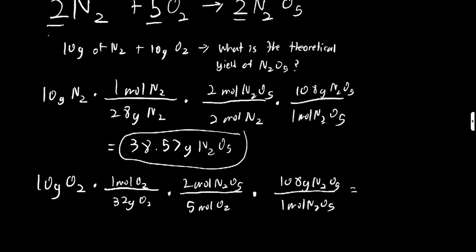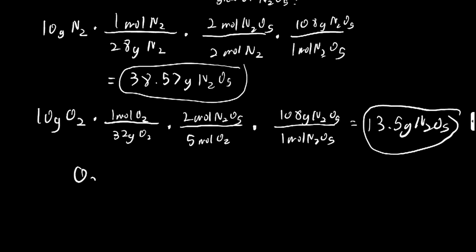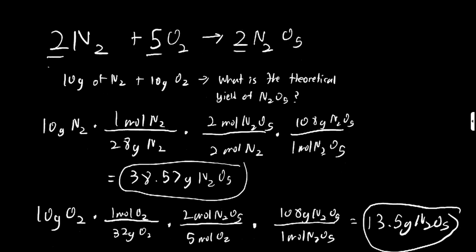10 divided by 32 times 2 divided by 5 times 108. That gives us 13.5 grams of N2O5. And this is smaller than this. That means that O2 is the limiting reactant, because O2 is going to run out in the reaction first before we make any more product.